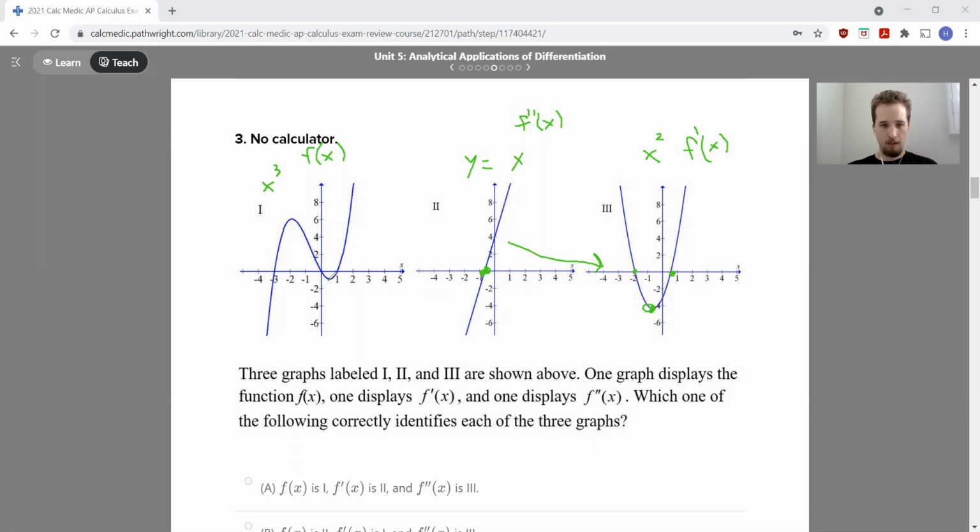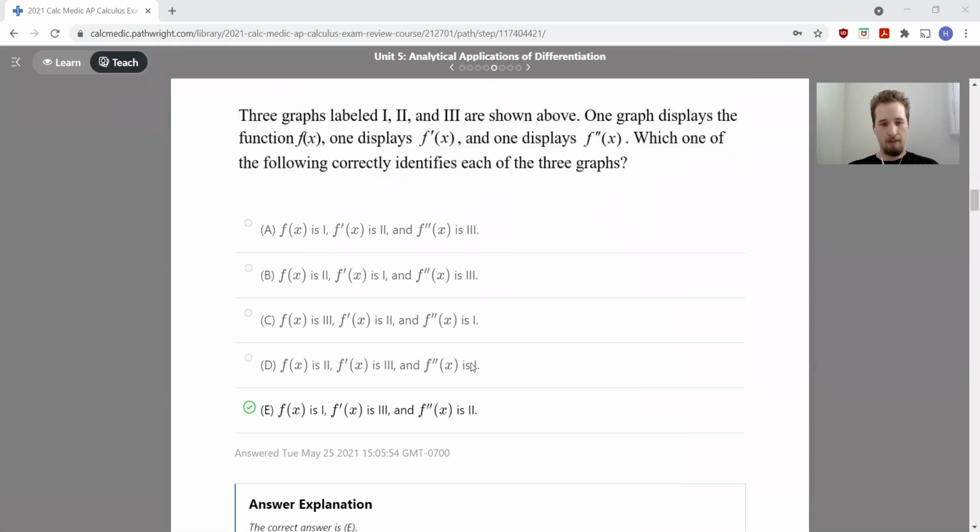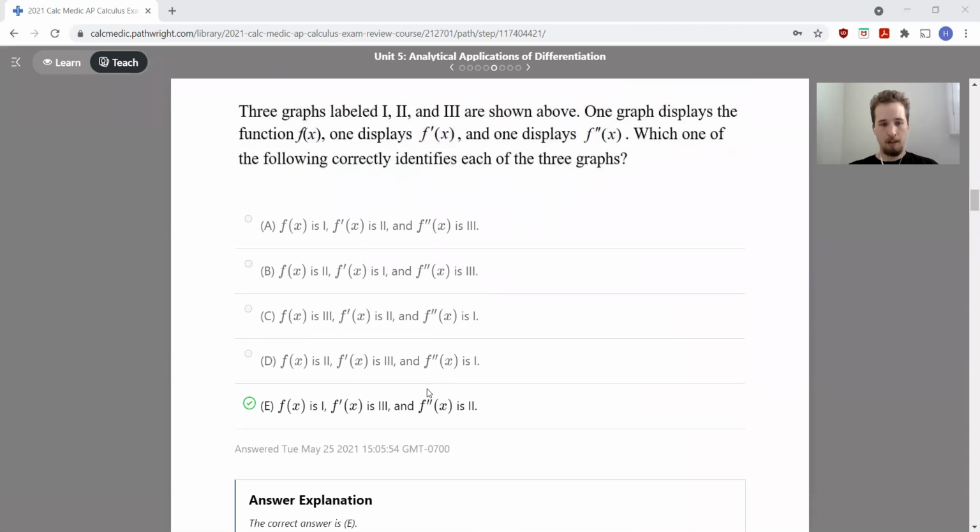Well, you get a local min at 0.5 and a local max at negative 2. So this must be the derivative of this one. So because of this, you get 1 is equal to f of x, 3 is equal to f prime of x, and 2 is equal to f double prime of x, which is answer E.